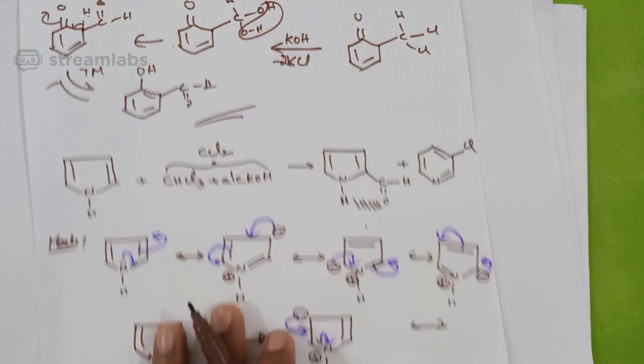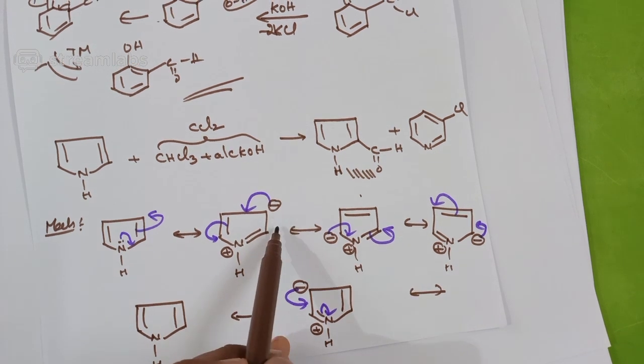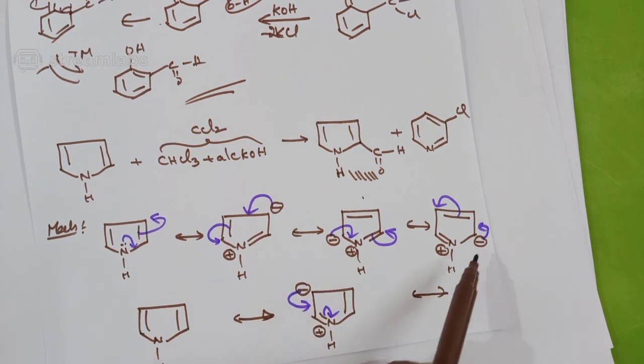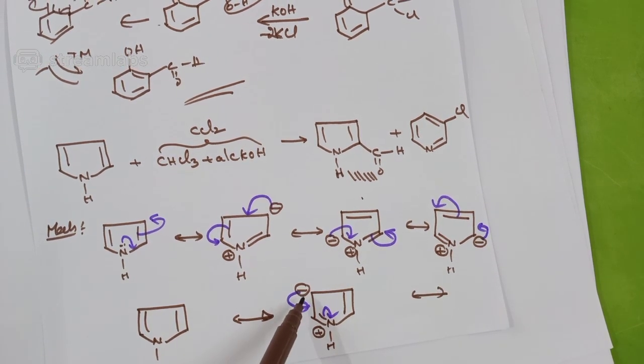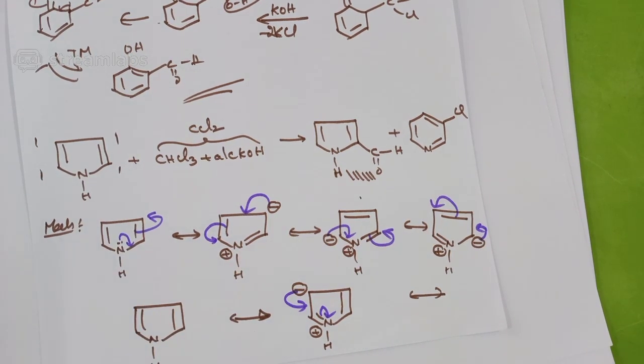These are the resonating structures of pyrrole, right? So where did we get the negative charges? Check it. First negative charge here, second negative charge, third, fourth. That means we get it here, here, here, here. The four places we get a negative charge.